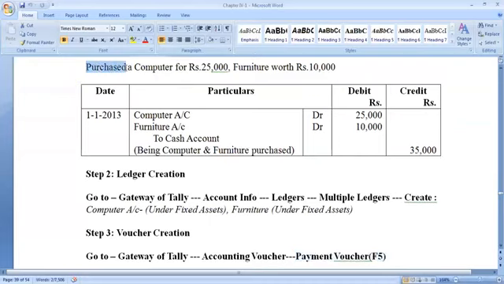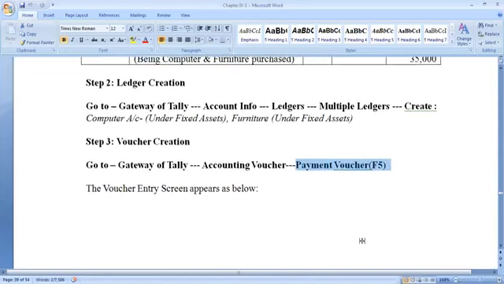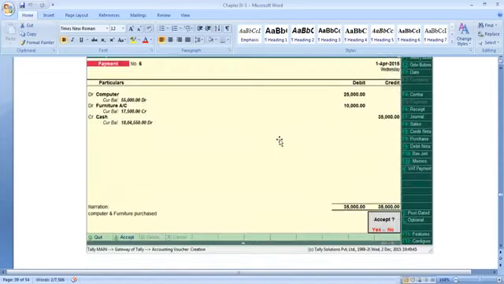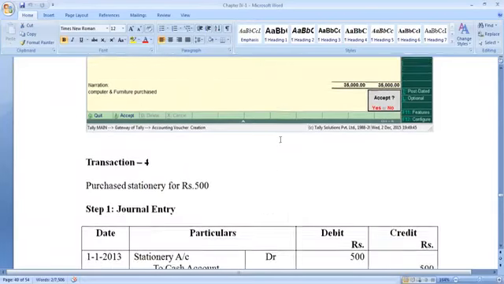Any purchases lead to a payment voucher. Any sales lead to a receipt voucher. You can write this down in a notebook. The payment voucher is F5, and the receipt voucher is F6. The voucher screen entry is going to appear by this.